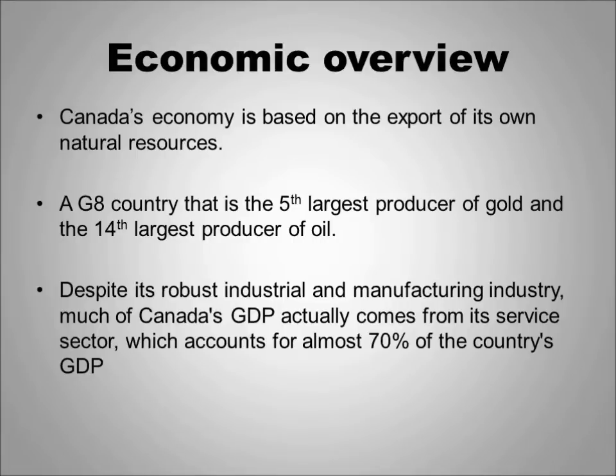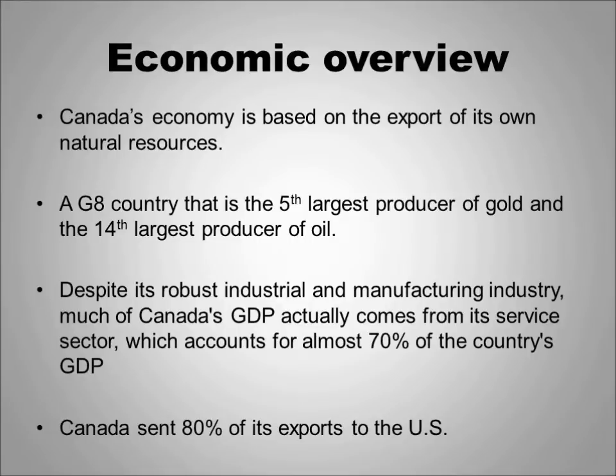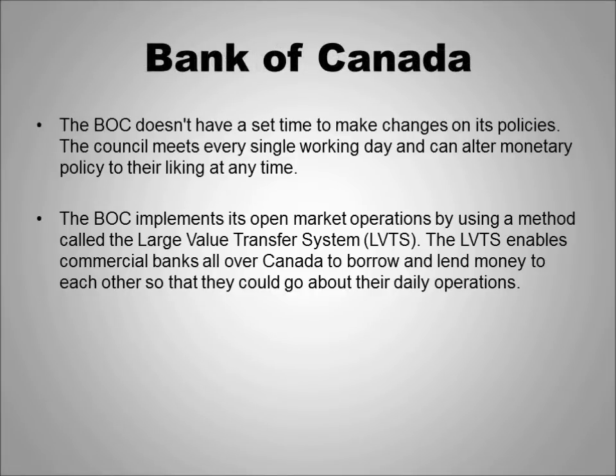So we're talking about a country with large amounts of resources and a high gross domestic product. And Canada sends 80% of its exports to the United States, which gives us an idea that what happens in the American economy affects the Canadian economy and vice versa.